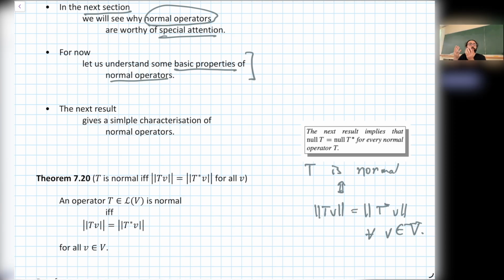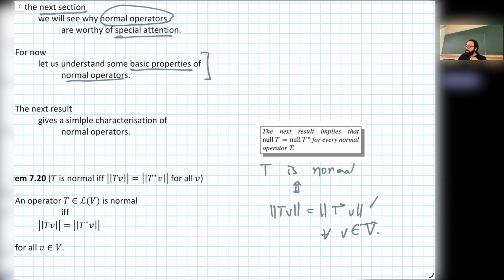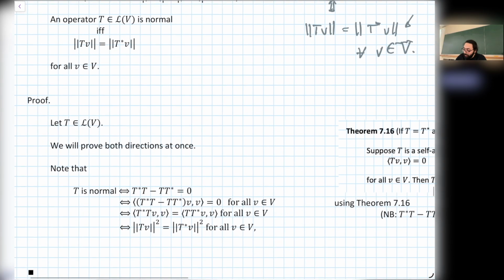On the one hand, the definition of normal was something about commutation, T star T equals T T star. And here it's just flipping the script entirely. You take any vector V, you apply T on it, you look at the norm, and it has to match the norm when you apply T star on it. So it's very unusual, and the proof is actually kind of straightforward. So let's see how the proof goes.